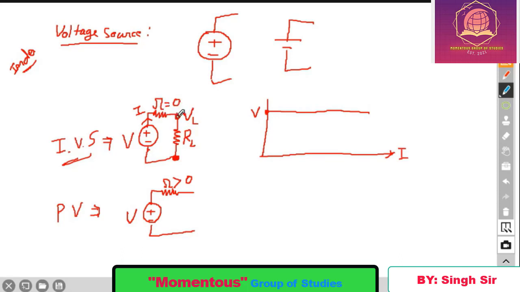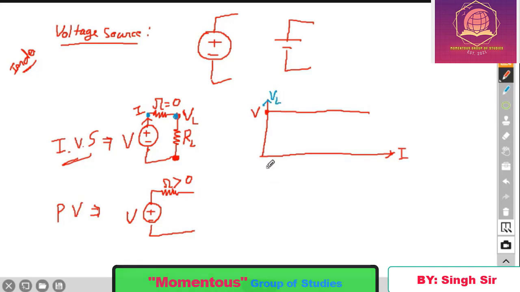Whatever voltage this is, the same voltage will be at this point. Voltage at this point, which is your V, is going to be the same as voltage at this point. Means VL is going to be constant all the time.